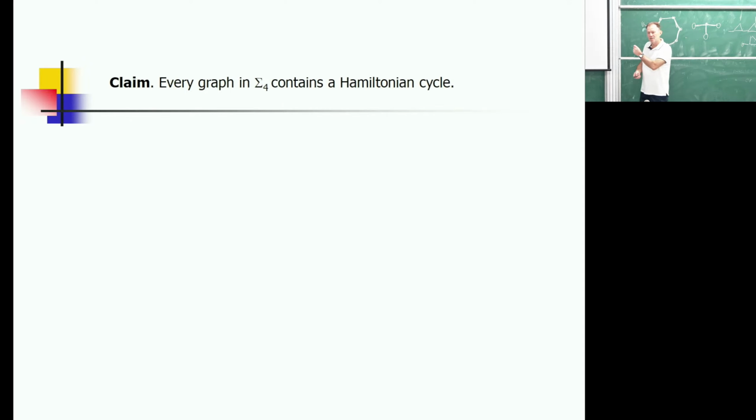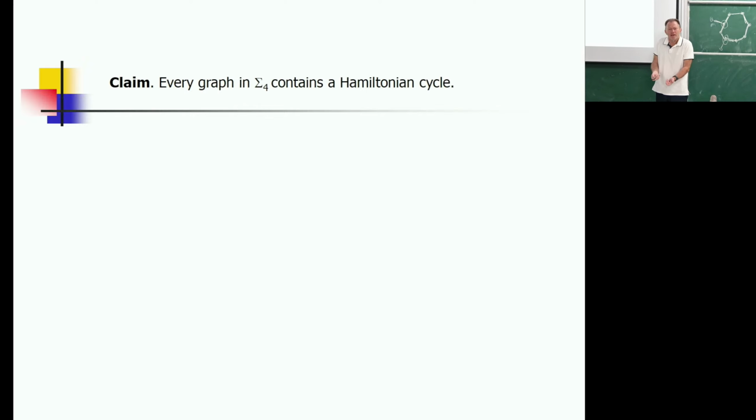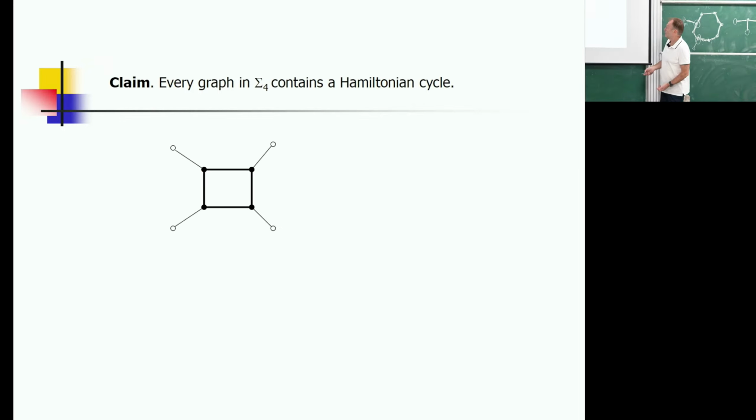When I came to this conclusion, at some point, I asked myself, what do I need to do next? Before I knew that the cycle necessarily exists, I wanted to decide, how can I decide the existence of the cycle in this case? Then I realized that the argument is simple, and the argument is this.